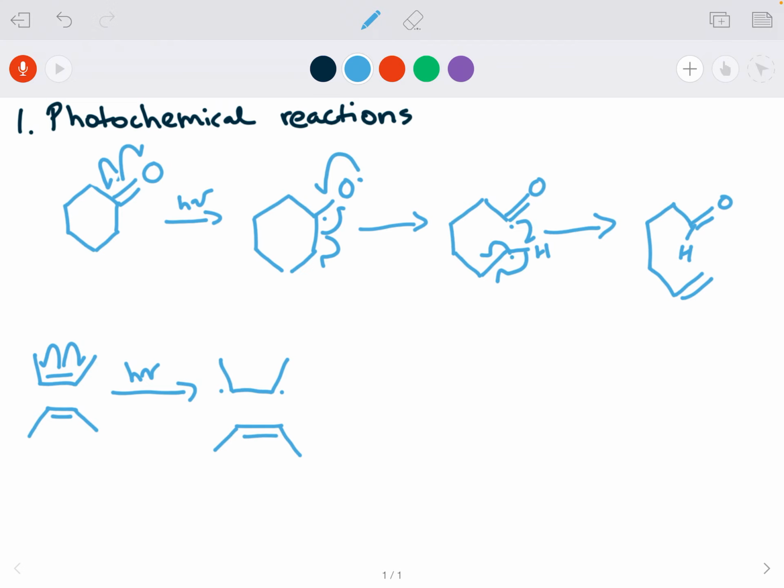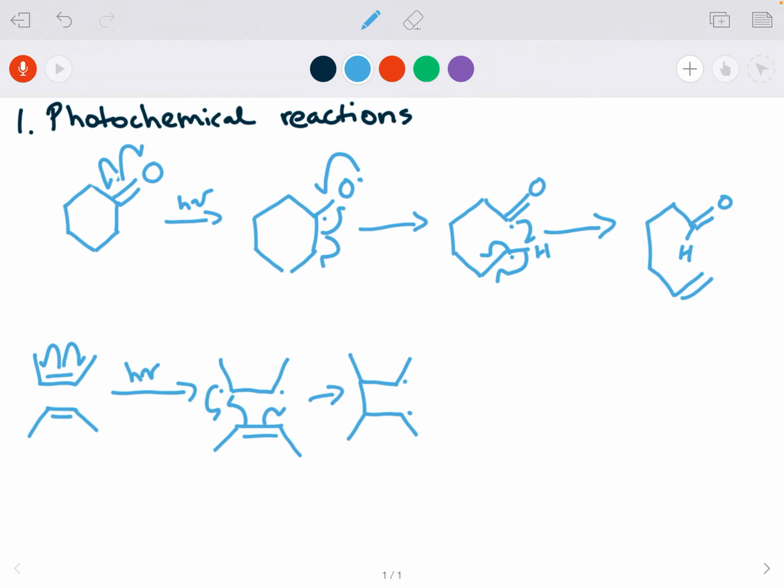So now I'm going to form a sigma bond here when this pi bond breaks, and then I'll have a new radical form. So now I formed a sigma bond, and then I have two radicals here.